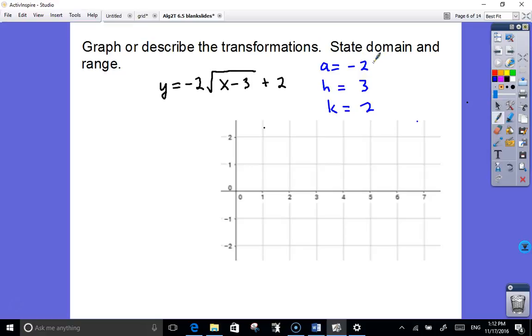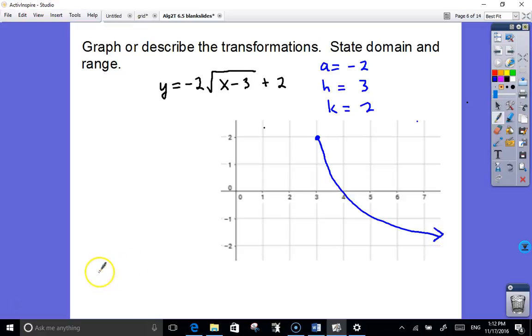It flips it, and it stretches it, right? Because the absolute value of negative 2 is greater than 1. So I know it's going right 3, up 2, and then it's going to be flipped, so it'll be something like this.